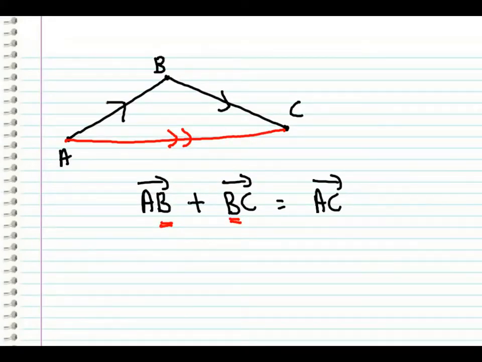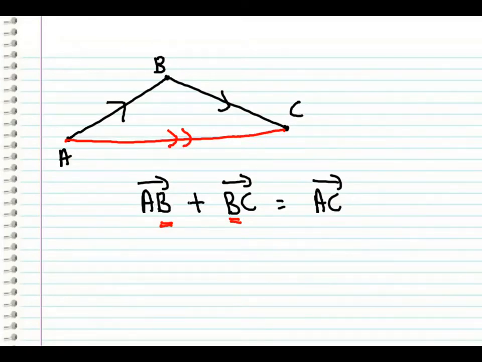Given two vectors AB and BC, and I were to add them up, we know that the addition of vectors will simply produce a vector that starts from the starting point A and points towards the ending point C, which is AC. Now, if I were to write this out, AB plus BC equals AC, what do you see?